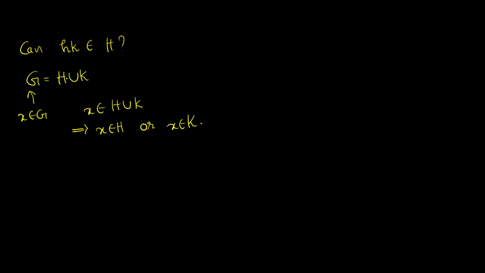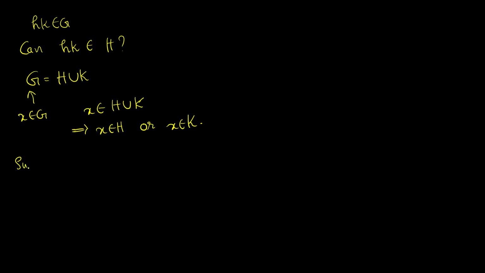Or if we prove that X is in K, still we are done. Now suppose X is not in H and X is not in K, then X cannot be in G, right? So that's why we are bothered about hk, because hk is clearly there in G. Now it should be either in H or in K.